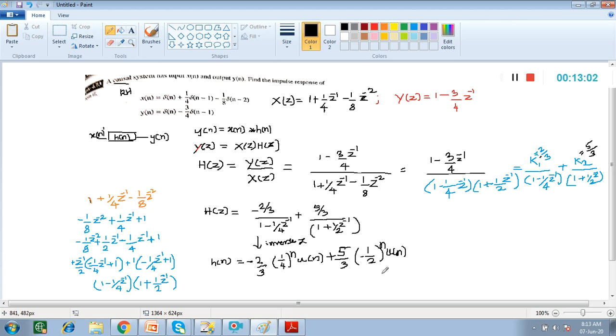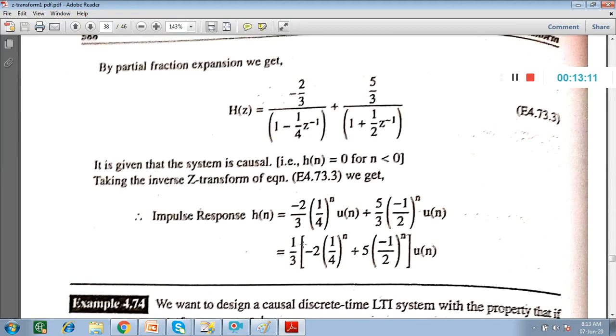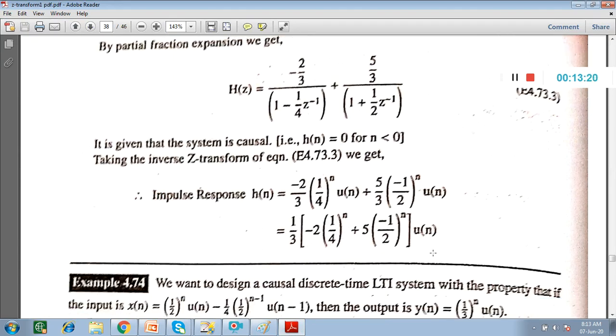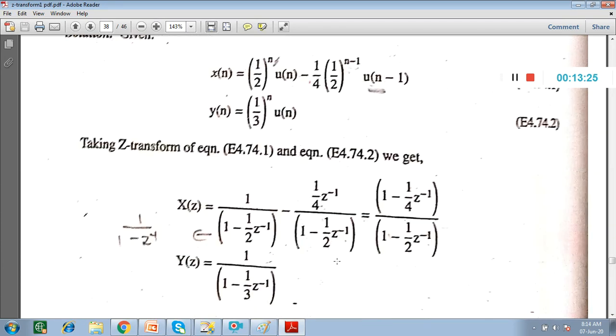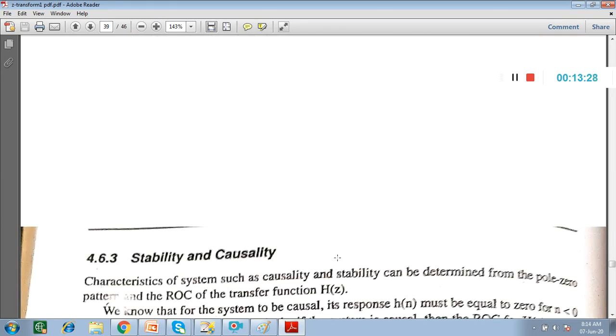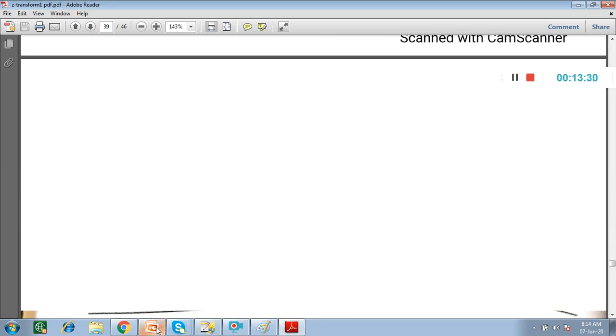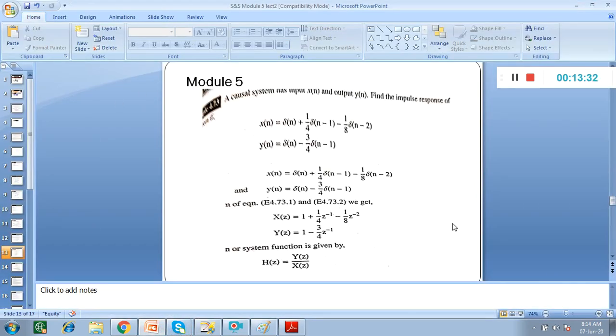So the impulse response of the system is nothing but this one, where 1 by 3 is taken common: minus 2 times 1 by 4 raised to n plus 5 times minus 1 by 2 raised to n, u of n. Similarly, one can solve the other problems also. So straight away we go for stability and causality. We can see those in the next video.